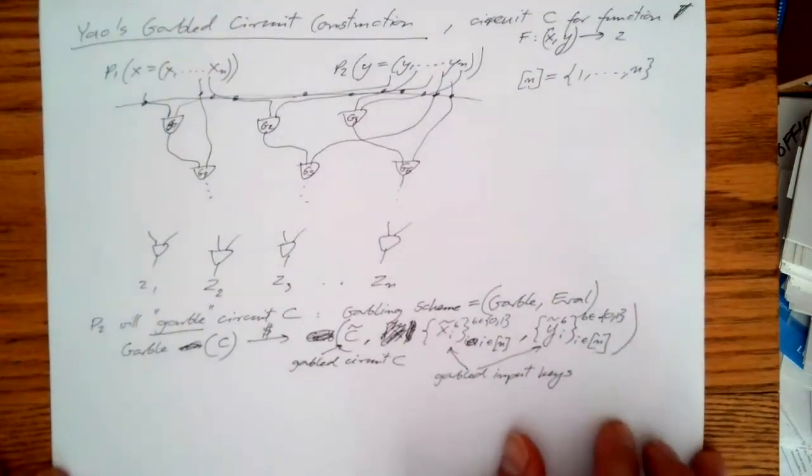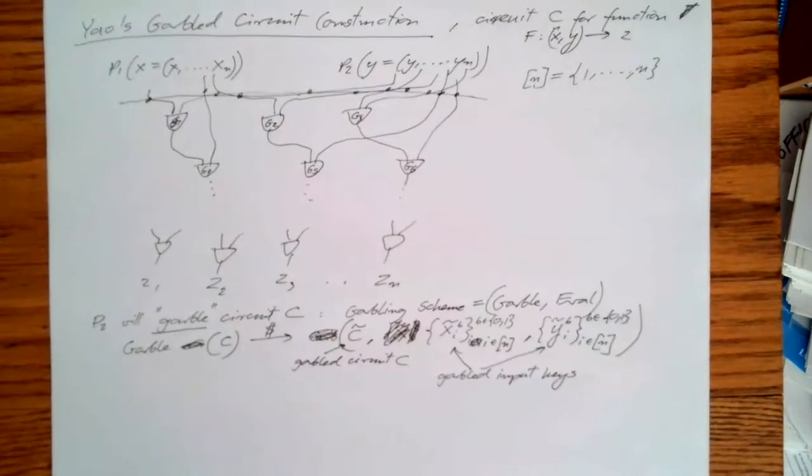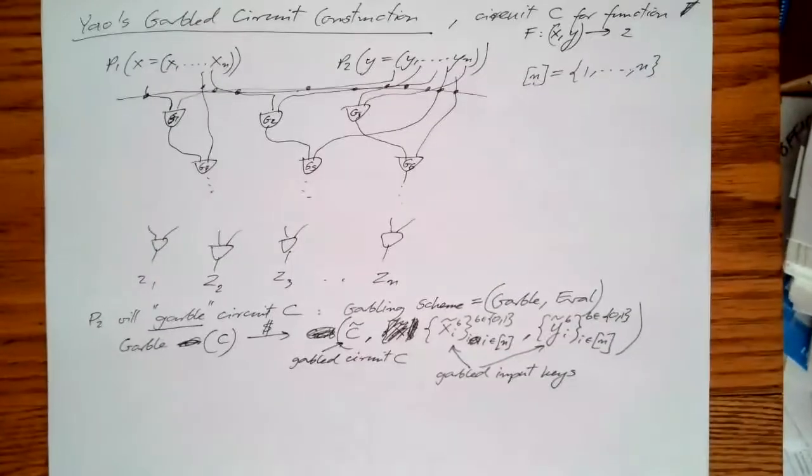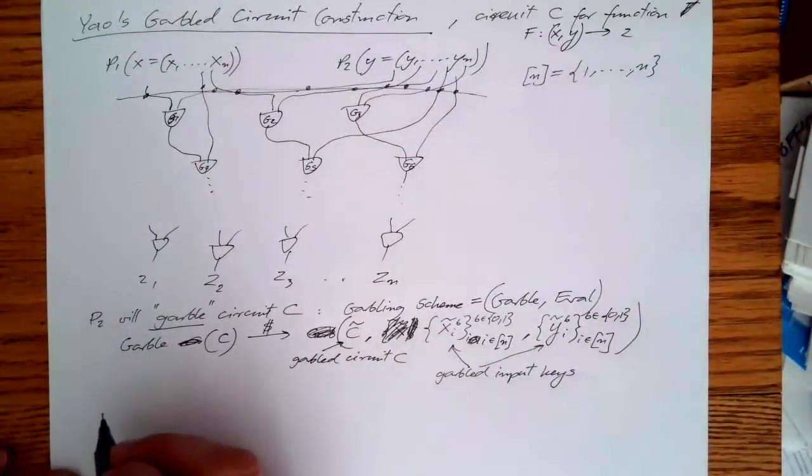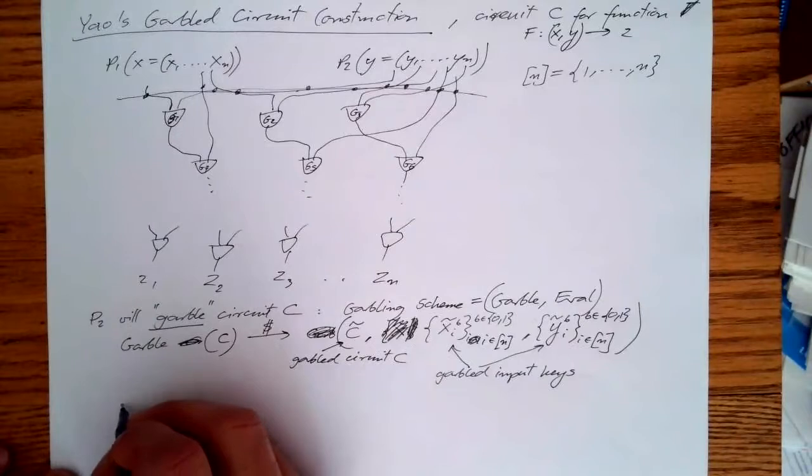Okay, so far I didn't tell you what to do with this stuff, right? So there's no clear semantics to these outputs of a garble. So that's going to be clear in eval.